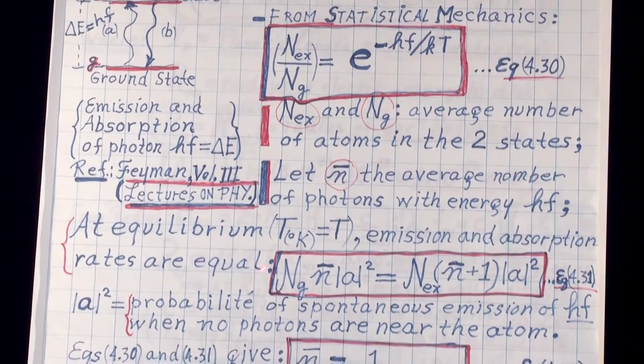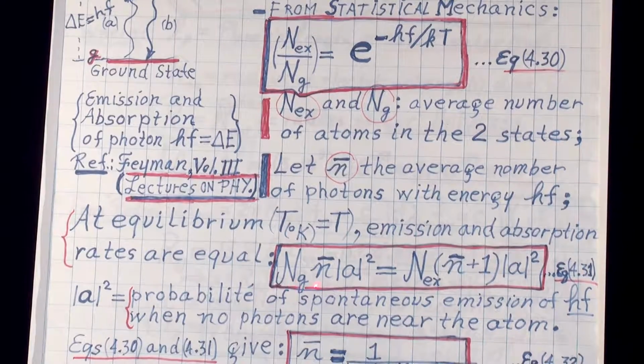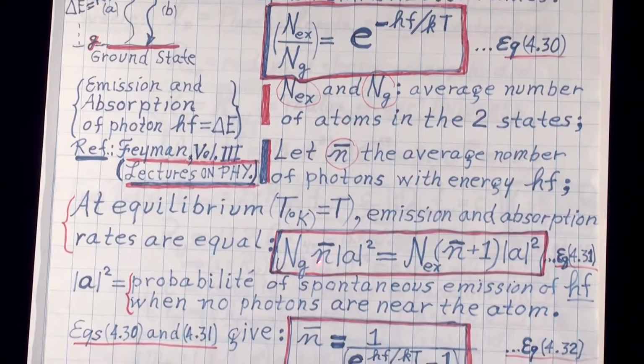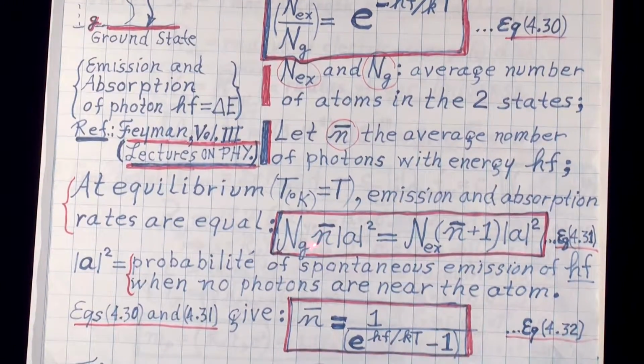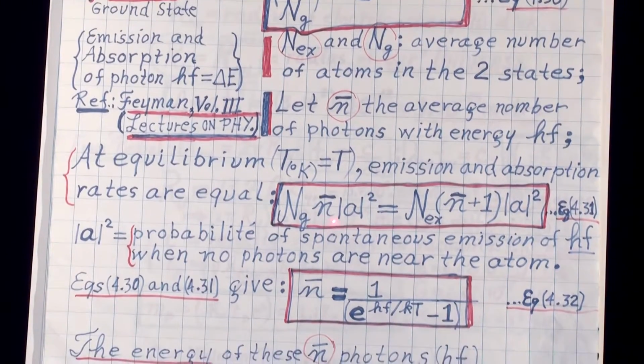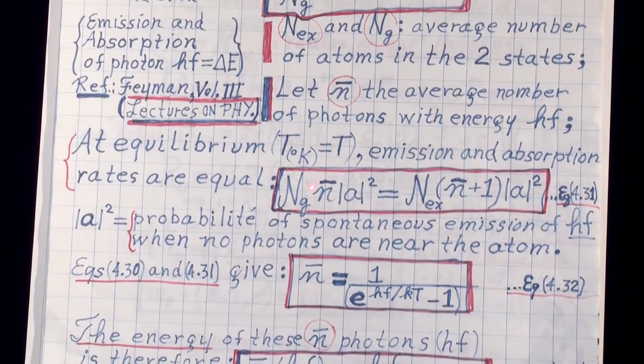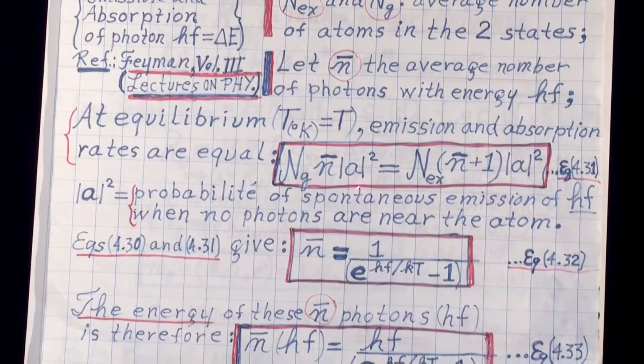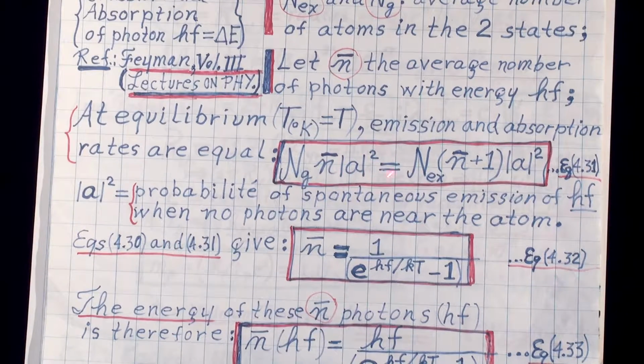So the number in the ground state multiplied by the average number of photons in that state, okay, multiplied by the probability that it is in this state, is equal to the number in the excited state multiplied by n plus 1 times the probability to be there.